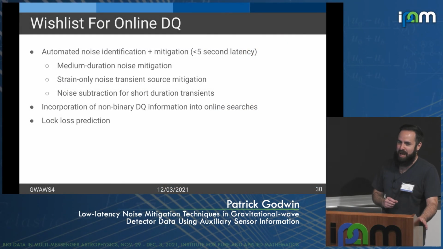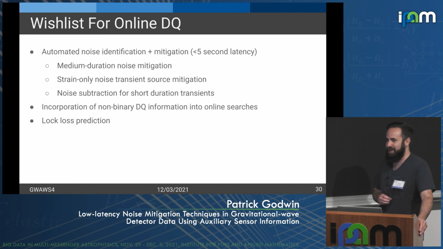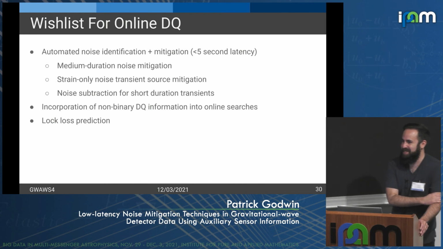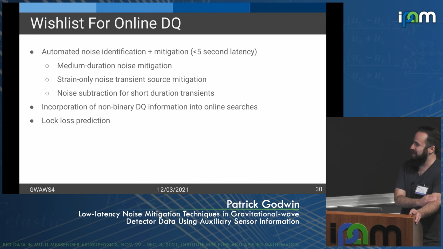Some of that may be search specific, but there hasn't been too much work, at least I don't think, in this realm. And then finally, lock loss prediction would be absolutely awesome. We saw some really cool work by Marco with this whole fractal stuff, to be able to potentially predict lock losses, and I'd be very excited to see that move forward.